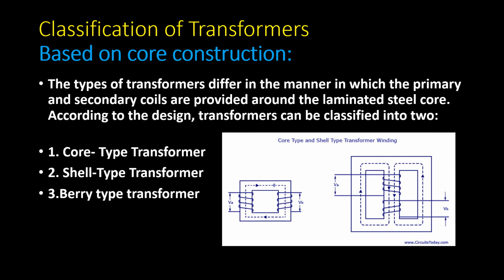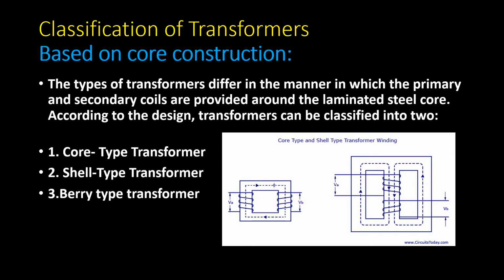Constructionally, the transformers differ in the manner in which the primary and secondary windings or coils are provided around a laminated steel core. According to the design, a transformer can be classified as a core type transformer, a shell type transformer, and one more type is there, and that is the Berry type transformer.